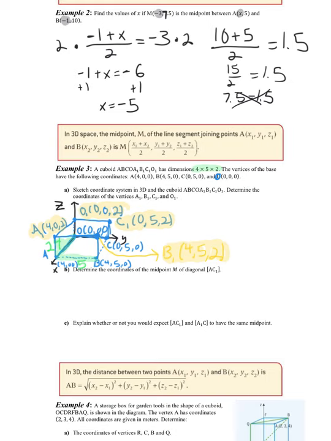And now, once we have this drawing, it says, hey, let's go ahead and identify the midpoint of AC1. So the midpoint, we'll do in red here, going from C1 diagonally across to A. So A, for example, is at 4, 0, 0. C1 is at 0, 5, 2.